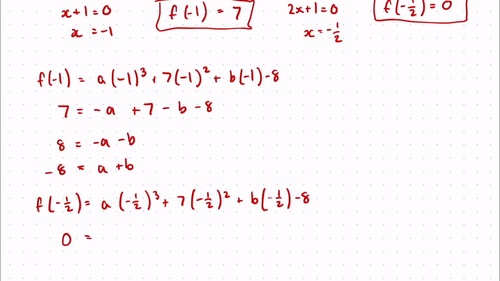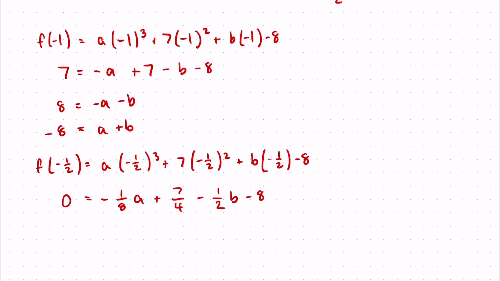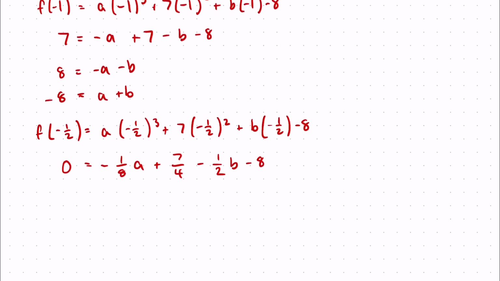So if I expand the right hand side now, I get minus 1/8 a plus 7 over 4 minus half b minus 8.